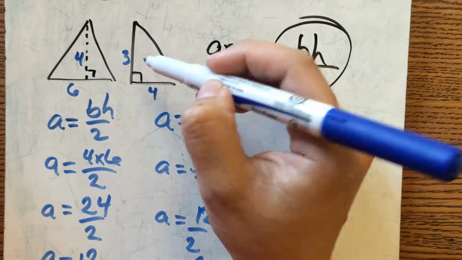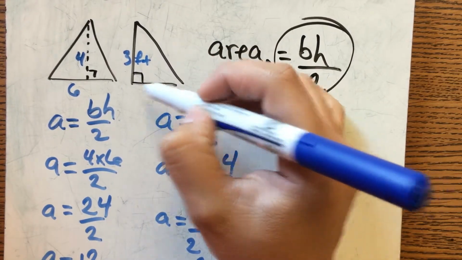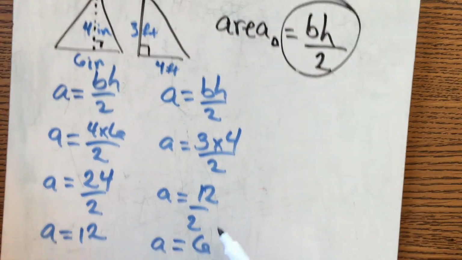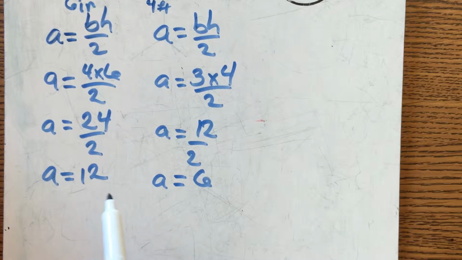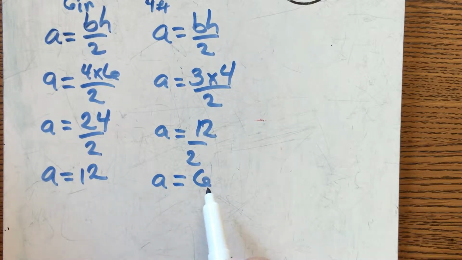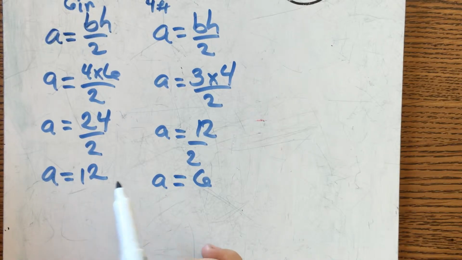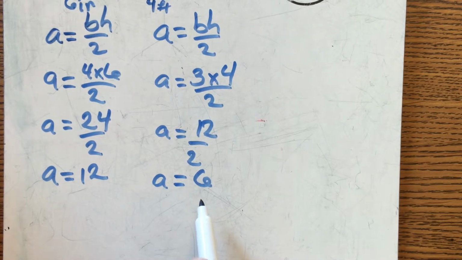In the test, I would have given you units. Maybe this one was feet. Maybe this one was inches. Whenever you solve for an area, it is not just the number. This number tells me nothing. This number could be 12 lollipops, 12 pencils, 6 donuts, 6 textbooks.